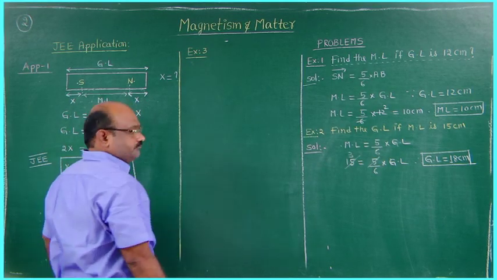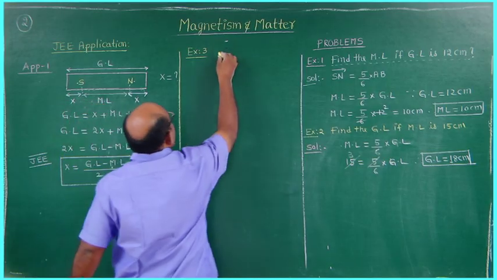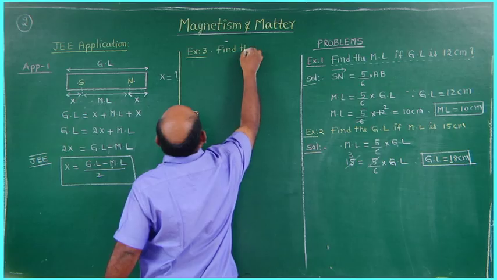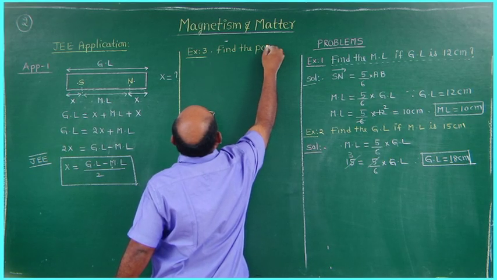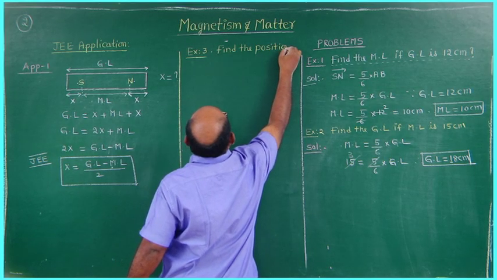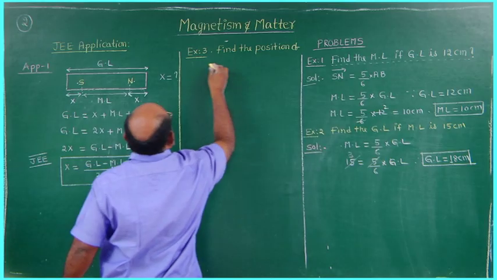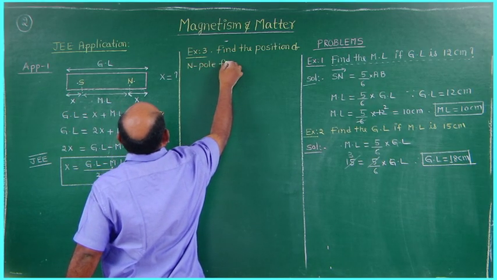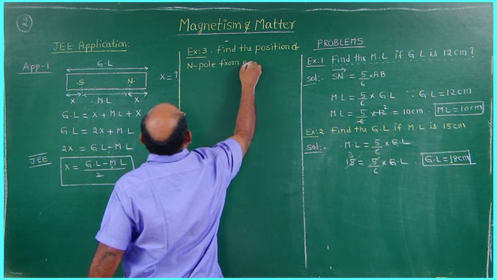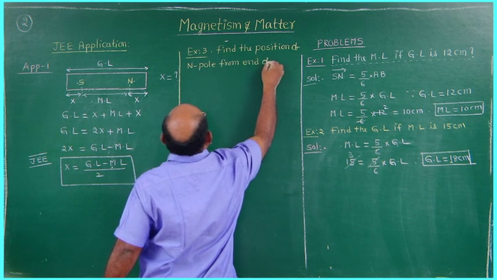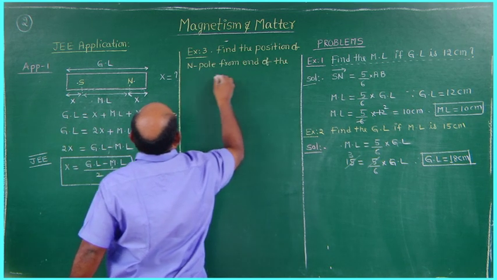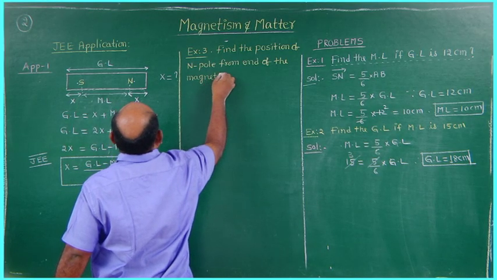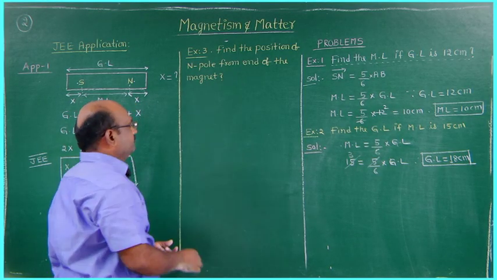Question is, find the position of the north pole from the end of the magnet.